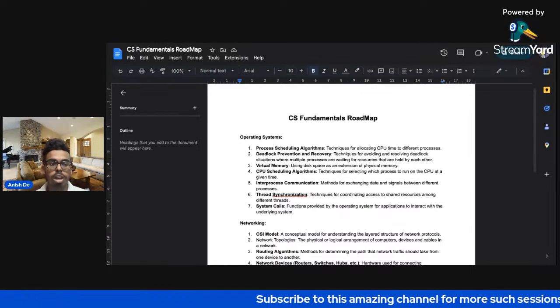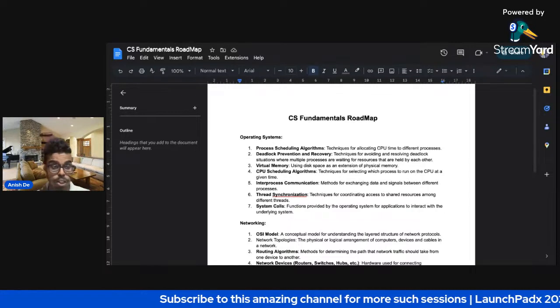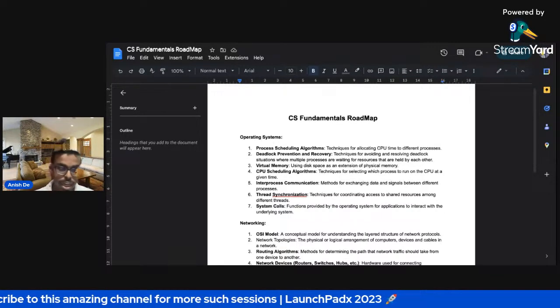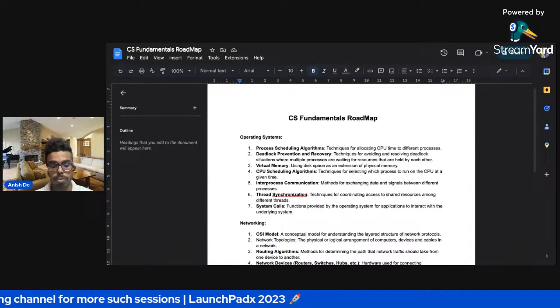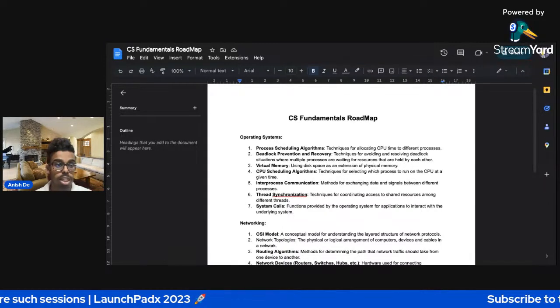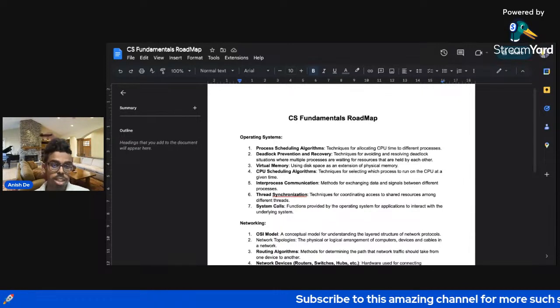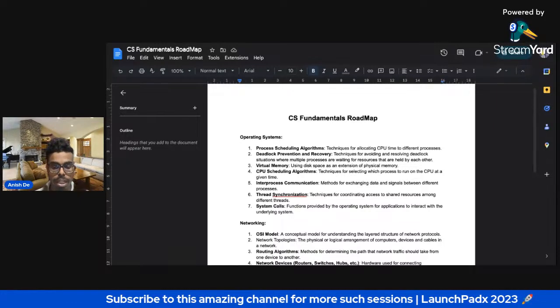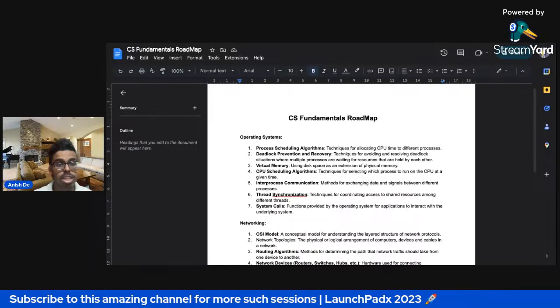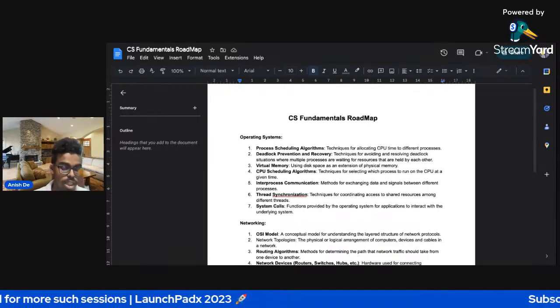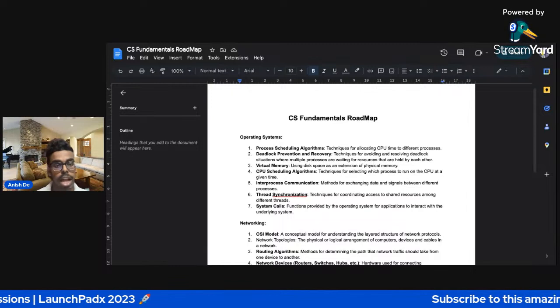You have to answer with sufficient reasons: I am using this because this scheduling algorithm is optimal for this situation, and the disadvantage of this algorithm is this. So you have to give a complete answer, stating the advantages and disadvantages, and why you have chosen this over other process scheduling algorithms.